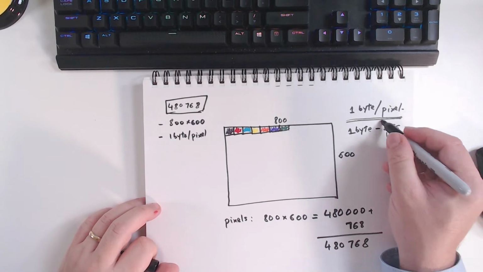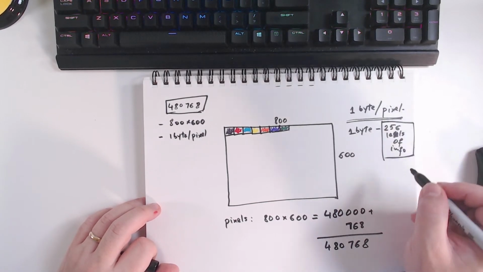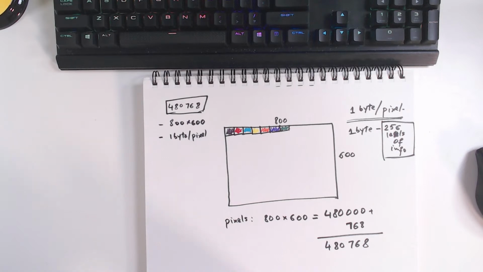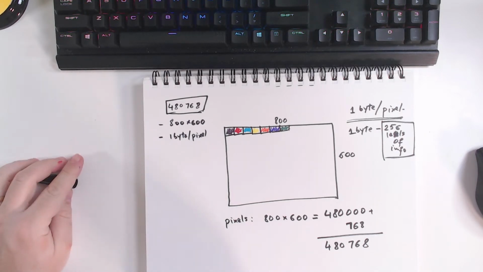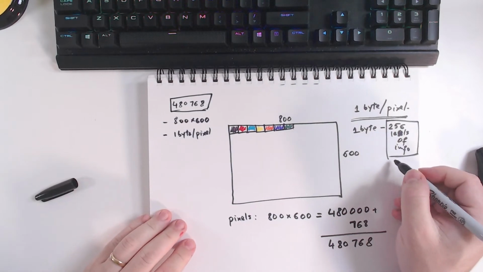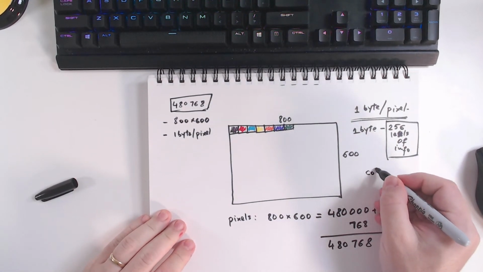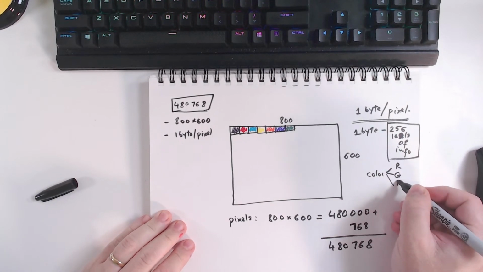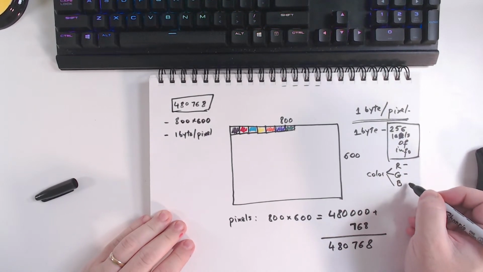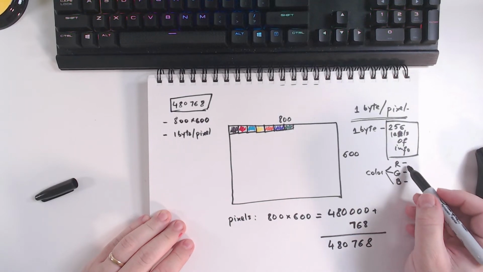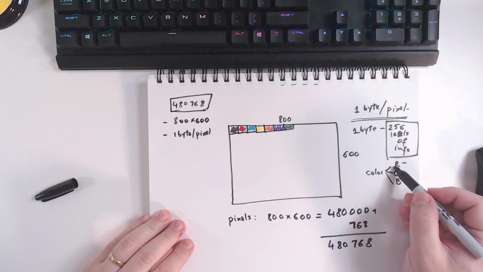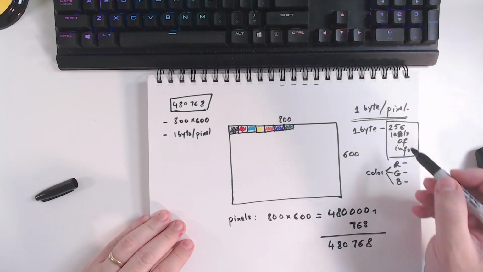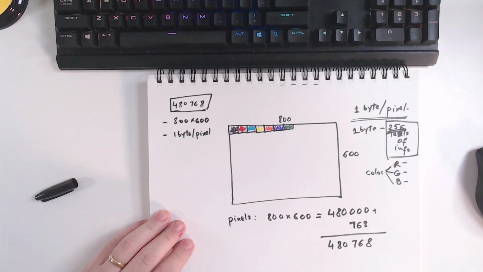In other words, we can encode up to 256 colors. But colors are very complex. We know that a color usually has a red, a green and a blue component, right? And when you make combinations out of these 3 components, you'll end up with millions of combinations, much more than 256.